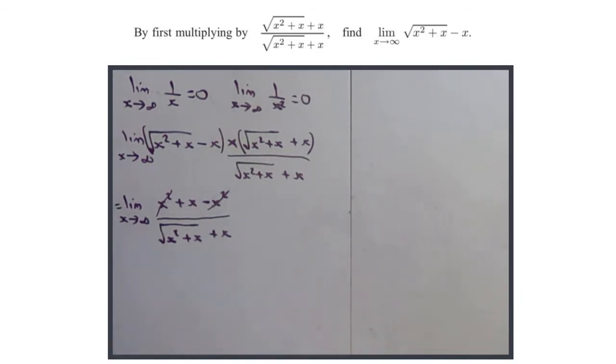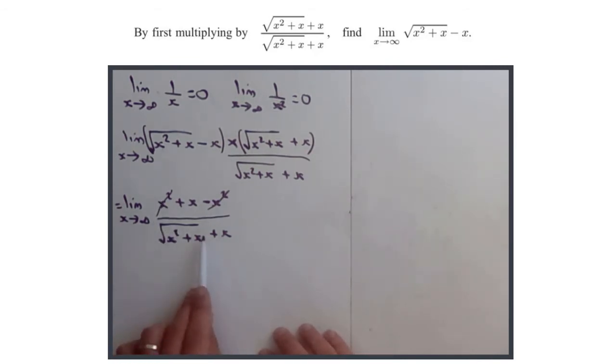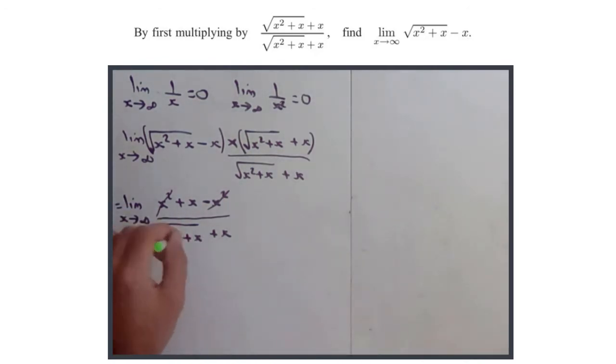Now I did want to show you this one because it's quite a tricky bit of maths. Hopefully you won't have to use it in an exam situation, but I can't guarantee that you won't. We're looking to see if we can get a common factor of x in all these three terms. We've got an x here and an x here. Can we be creative and pull an x out of here? For an x to come out of this square root, it would have to be an x squared as a factor.